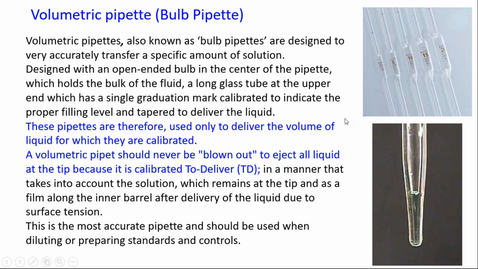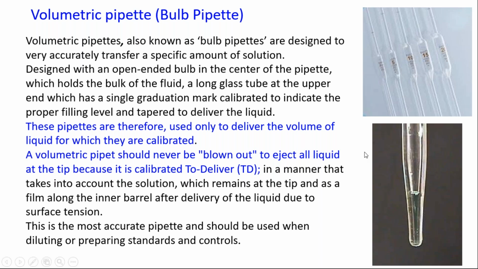These volumetric pipettes, when you take a solution and you measure it into a conical flask or an Erlenmeyer flask in volumetric analysis, you will see that there is some liquid left at the tip of the pipette.